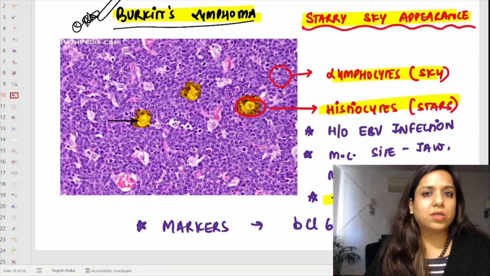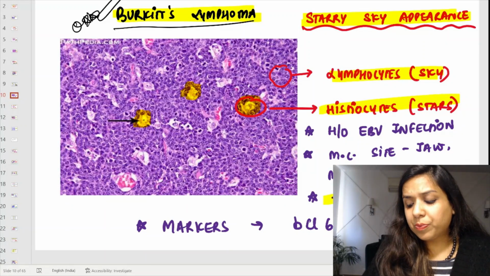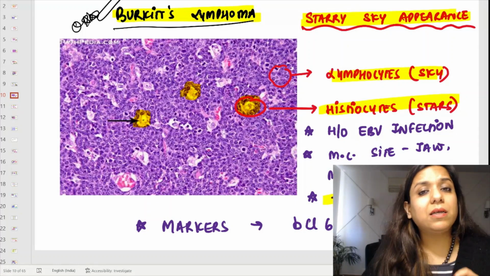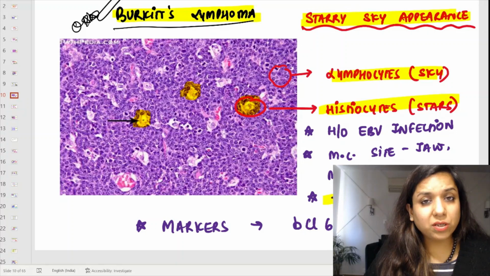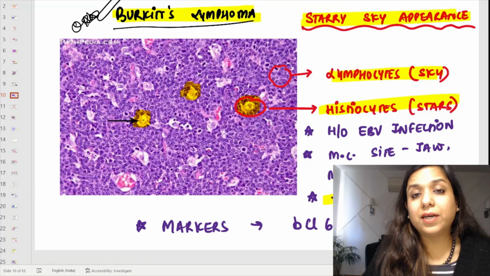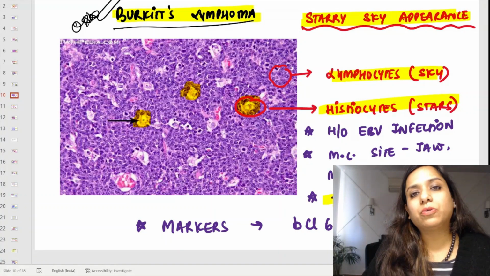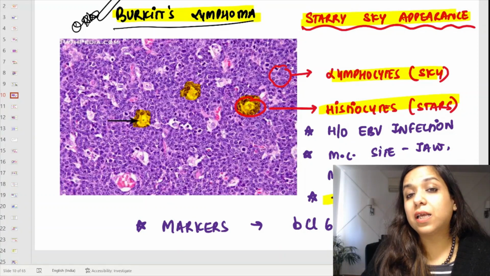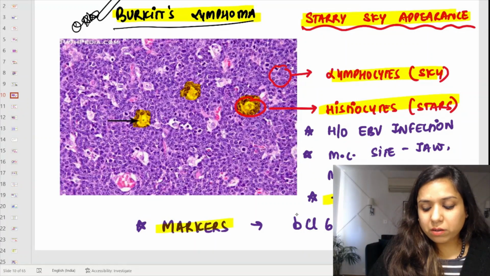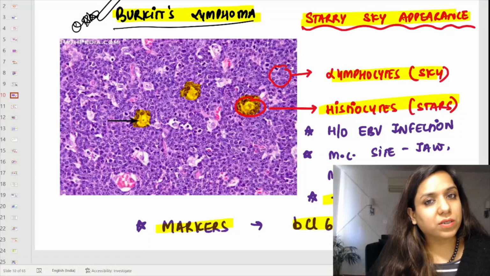Please remember this translocation, extremely important. T8;14 or C-MYC is the most common translocation which is present. This tumor is a very rapidly progressive tumor with a very high proliferative index, but the only good part about this tumor is that it is highly chemosensitive, correct? The last is the marker, it is BCL6 positive.